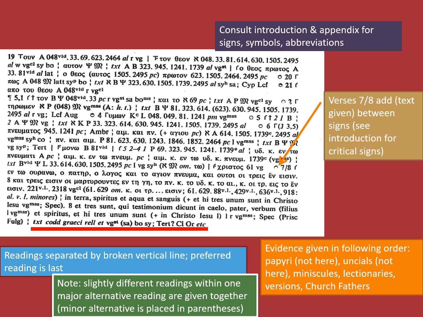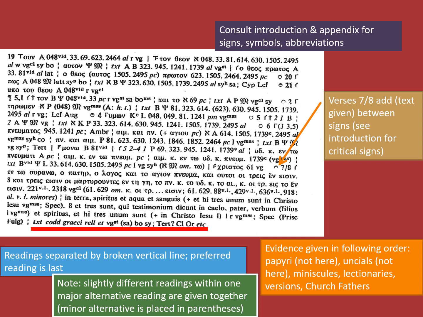aqua, water, et sanguis, blood, and then it's got another parenthetical change with different pieces of evidence from the Vulgate. And then it continues with several different readings it put in parentheses, but all suggesting there that you have some kind of addition of the Trinitarian formula.